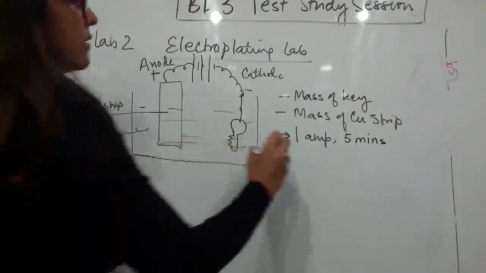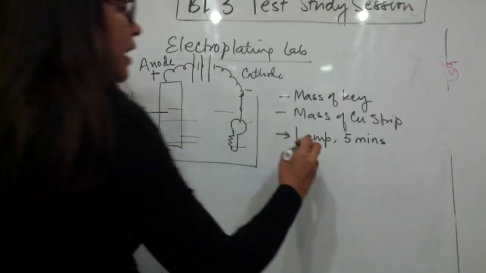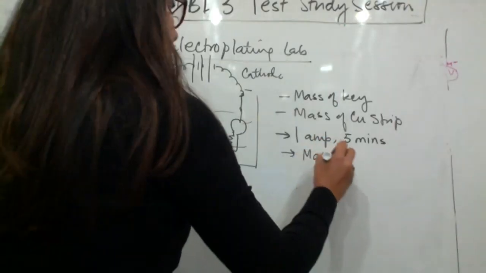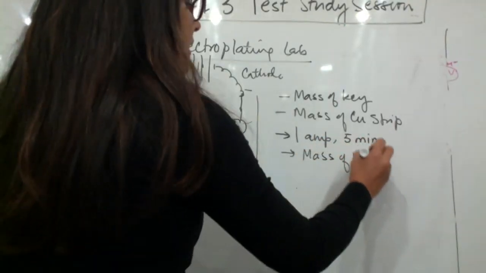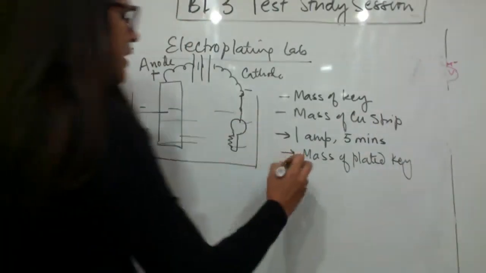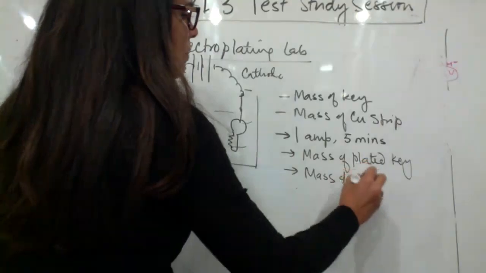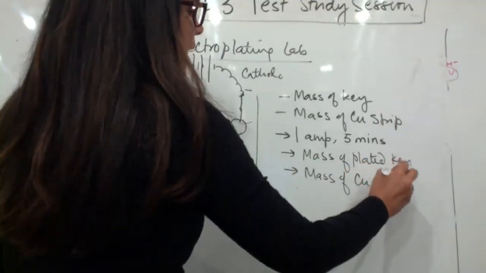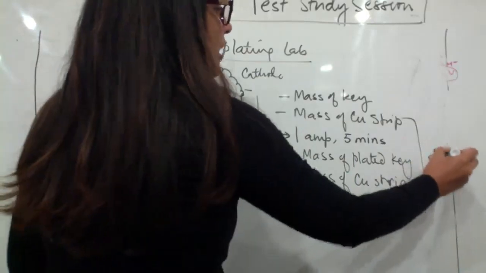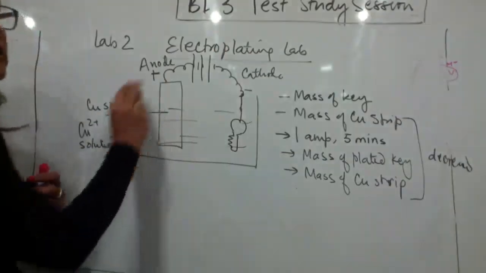And then we took both out, dried them, and now we took mass of plated key. You saw that copper got plated on the key, and we took mass of copper strip. And you saw that mass of copper strip decreased because anode dissolves with time.